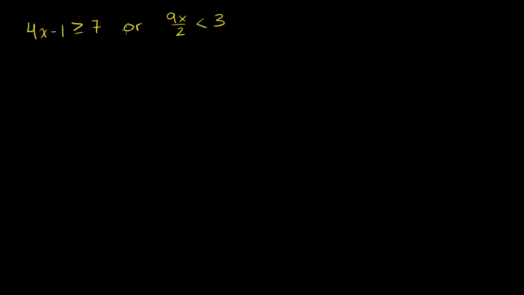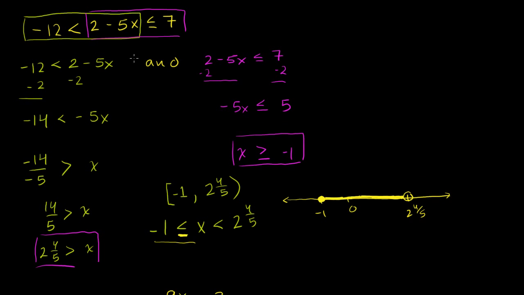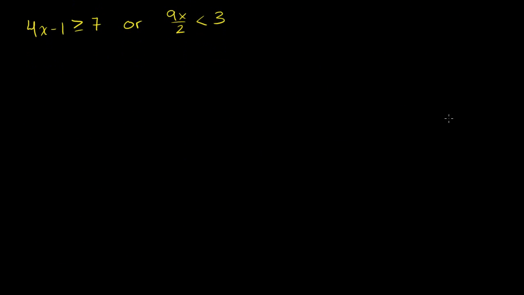So now when we're saying or, an x that would satisfy these are x's that satisfy either of these equations. In the last few problems, we had to find x's that satisfy both of these equations. Here, this is much more lenient. We just have to satisfy one of these two.